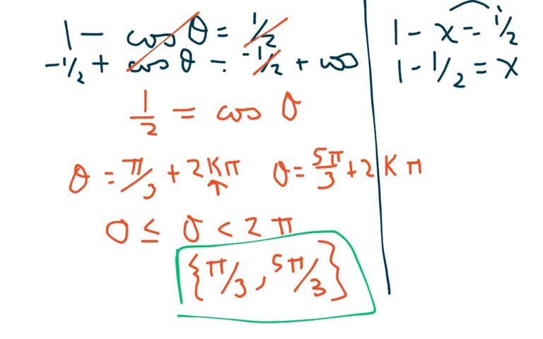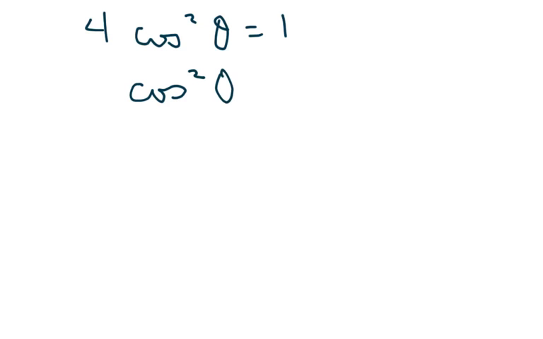Okay, the next one. We're going to do 4 cosine squared of theta equals 1. Divide both sides by 4. I get cosine squared of theta equals 1 over 4. Now here I'm going to square root both sides, just plus and minus.